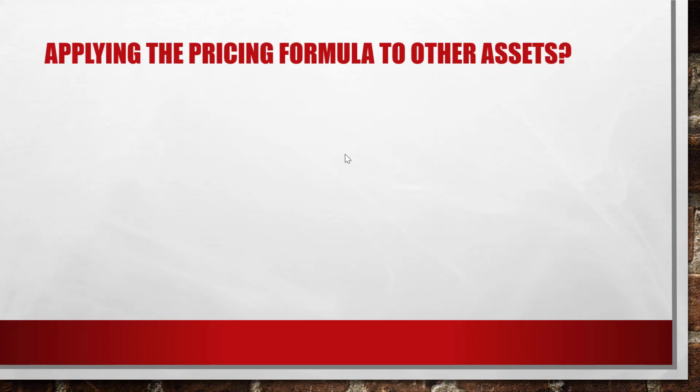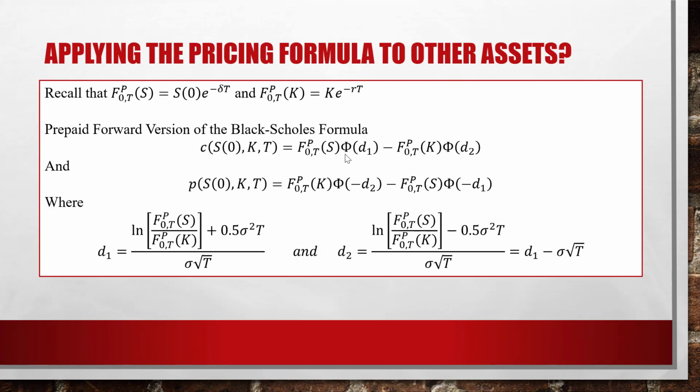Applying the pricing formula to other assets, recall that the prepaid forward price of the stock, F0,T^P(S), should be equal to S0 e^(-δT), and the prepaid forward price of the strike, F0,T^P(K), is equal to K e^(-rT).